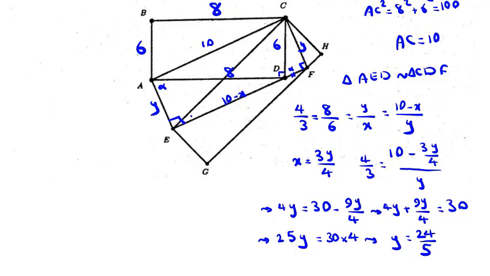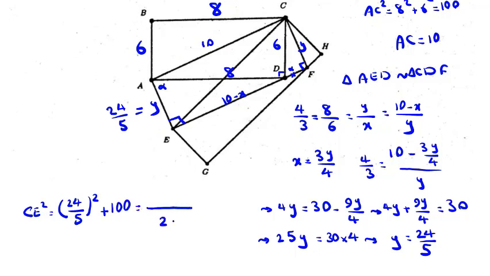Now we do the same thing to find the length of CE, and GH. If you want to find CE, y is 24 over 5. CE squared, if we use the Pythagoras theorem, is y squared, 24 over 5 squared, plus 10 squared, which is 100.